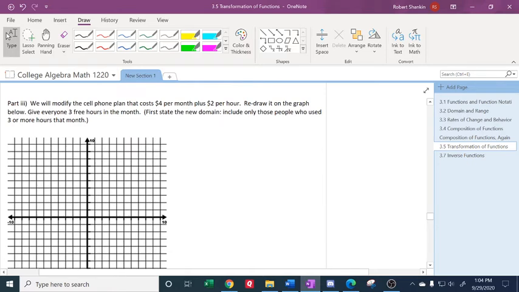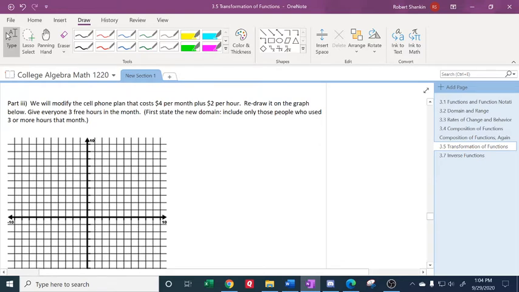Okay, let's go to part 3. We'll modify the cell phone plan that costs $4 per month and $2 per hour. You're going to redraw that on the graph. You're going to give everyone 3 free hours in the month. First state the new domain, only those who use 3 or more hours that month.